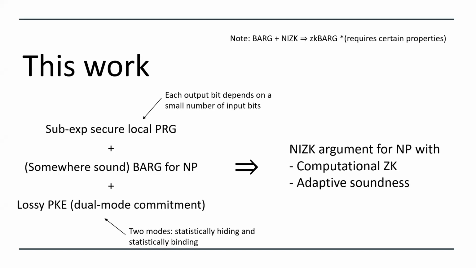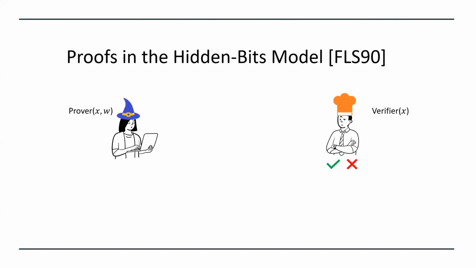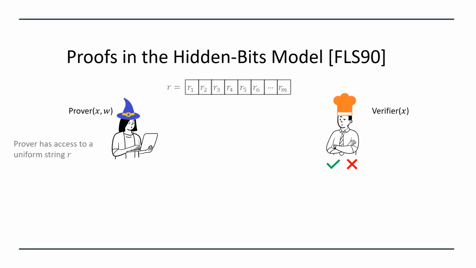So we're going to be using something called the hidden bits paradigm, which is also used by Kitagawa et al., but was originally introduced as the hidden bits model by Feige, Lapidot, and Shamir. This is an idealized model where the prover has access to a uniform string, which we will call R, that is hidden from the verifier.